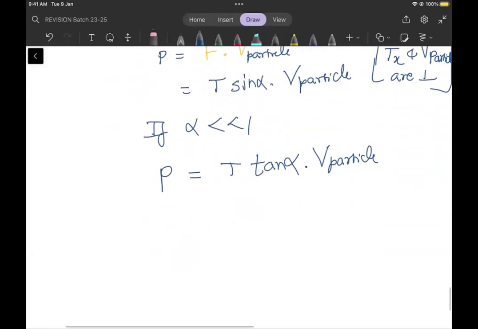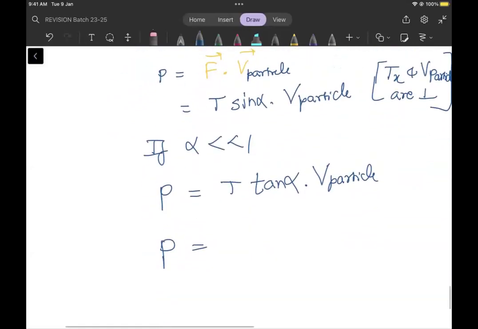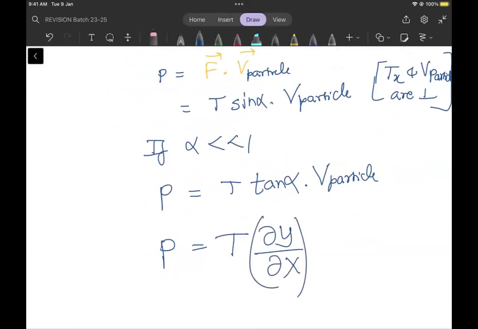And the thing that I want you guys to remember, if you don't want to do this proof in the exam hall, is this. T into dy by dx, that is the value of tan alpha, into dy by dt, which is the velocity of the particle of the medium. Right?